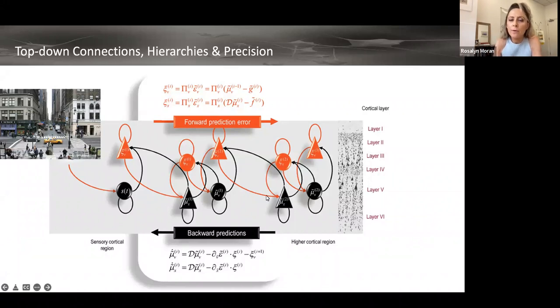And so what the backward connections may be doing is predicting something like the speed of a car, and what the forward connections out of superficial layers into deep layers may be doing is passing prediction errors. So mismatches between your prediction and your error. And again, by doing this, we can do the inference that I've just described.